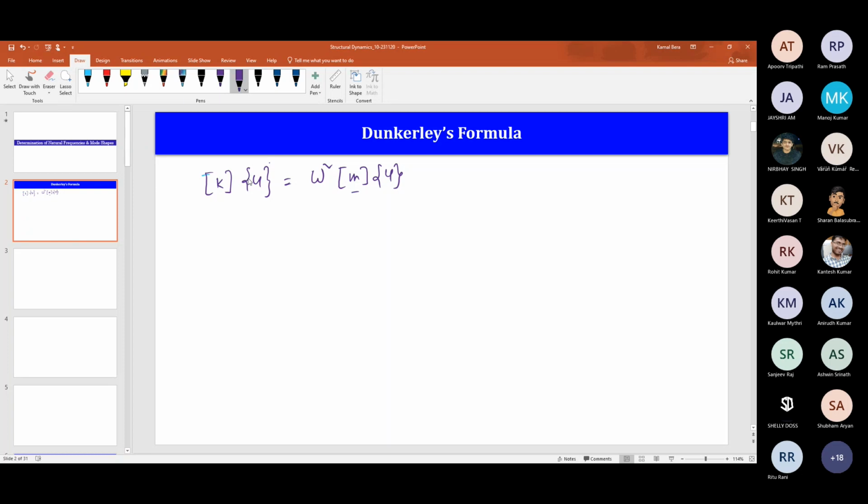This can also be written in the form k inverse m u equals 1 by omega square u. Agree? K is the stiffness matrix, m is the mass matrix. The k inverse is defined as, let's say, matrix A, and when you learn matrix structural analysis, this is called the flexibility matrix, while K is the stiffness matrix.